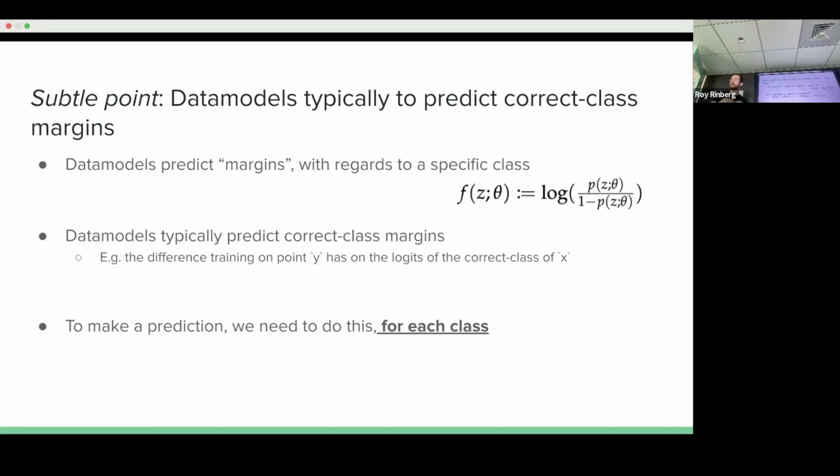I'm going to change the way the data model is structured because I'm allowed to make a prediction not for the correct class, but for a specific class. So it's like training on you: how much should you change the prediction on me that I look like a cat, that I look like a dog, for each of the classes that exist.